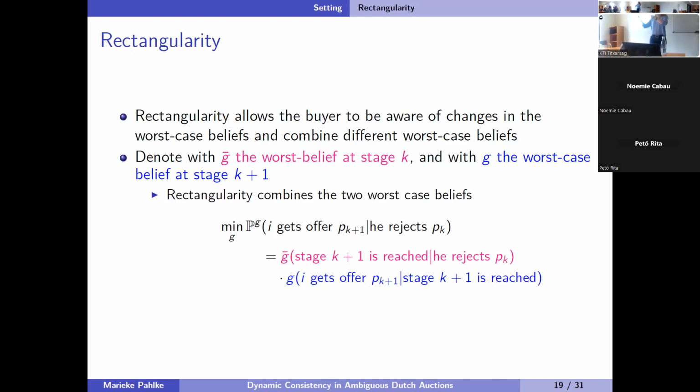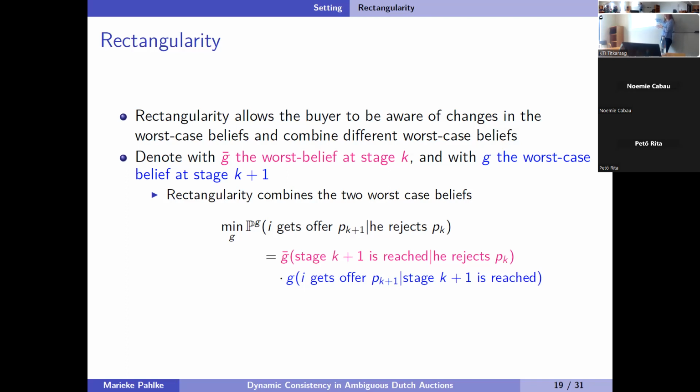So if I know that there's a discrepancy between these two beliefs, I'm considering this and enlarging my belief set to be consistent with this kind of operation. I'm closing my belief set under this operation, like a convex hull, but now it is the rectangular hull. So we are closing the belief set under this operation and allowing any belief that we can generate by this kind of combination.